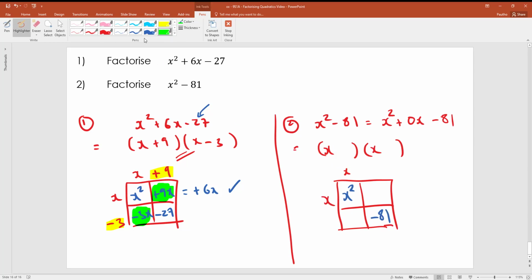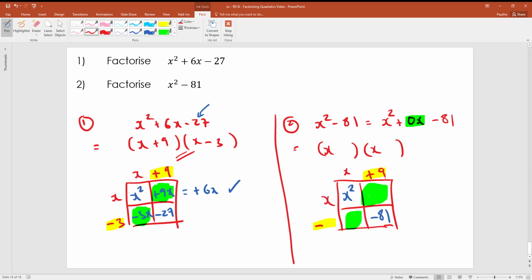And this time weird, right? Because these yellow numbers multiply to negative 81, but at the same time give me 2 numbers that make this 0 here. And the only way this can happen, again, the signs are different because it's a negative number here. So definitely positive and negative.